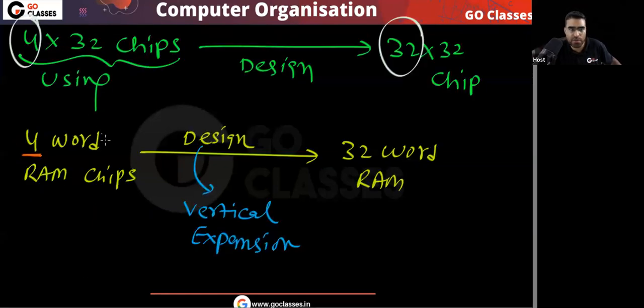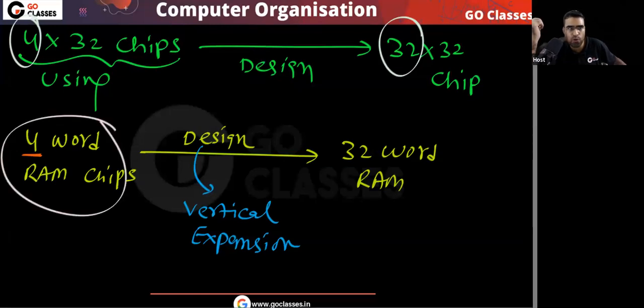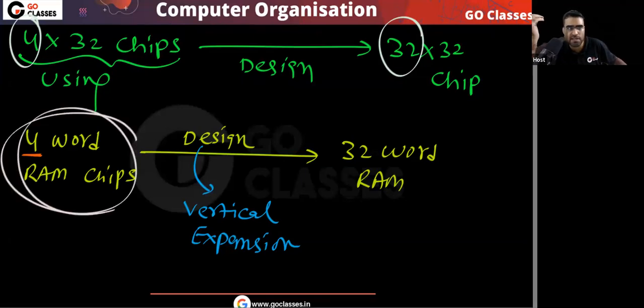Total 2 address pins, because remember, total 4 locations are there, only 4 words, or I can say 4 addresses. So 2 address pins: A1, A0. These are the 2 address pins you have.